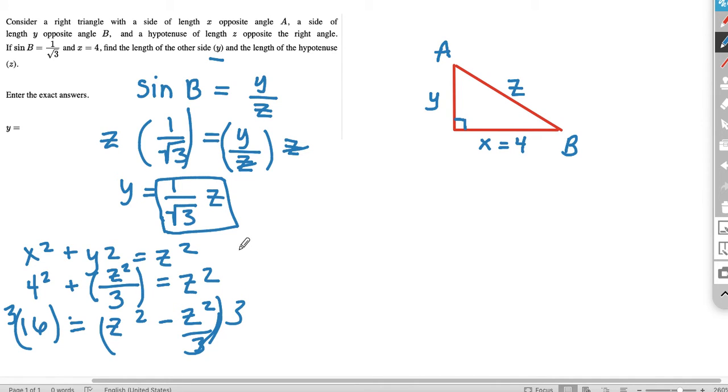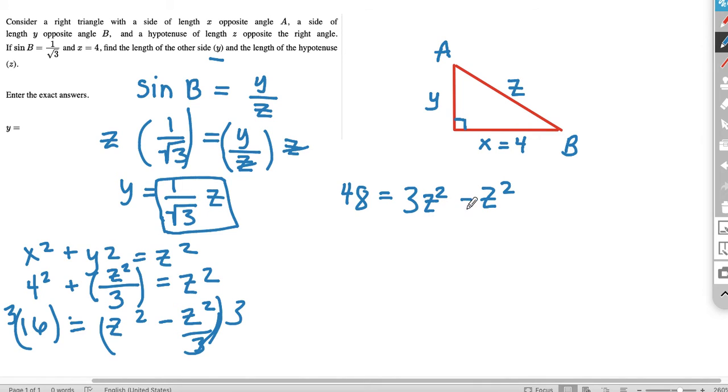So 3 times 16 is 48 equals, and then we have 3z squared minus z squared. Oh my gosh, that's so nice, because the 3 canceled when we used the distributive property.